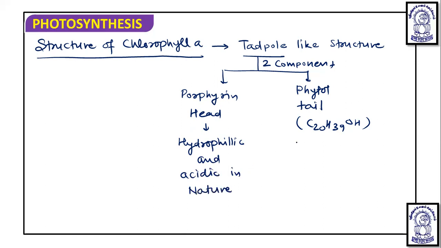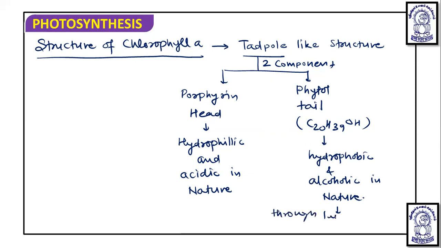The phytol tail is hydrophobic and alcoholic in nature. This tail remains embedded in the lipid bilayer of the thylakoid membrane. So it is known that through the tail, chlorophyll A attaches to the thylakoid membrane.